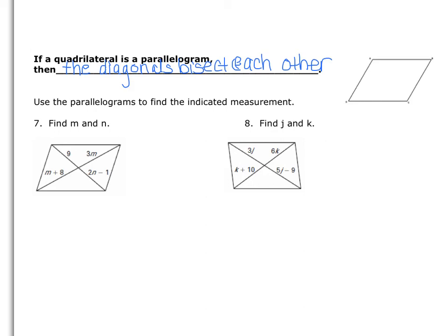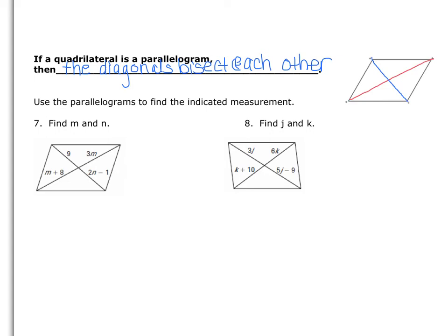A diagonal is a line segment that's connecting things that are opposite from one another. So if we start here at vertex D and we want to draw the diagonal, we're going to go opposite from D and make a segment. So D to B, that's one diagonal of the parallelogram. And then you have another diagonal from A to C.